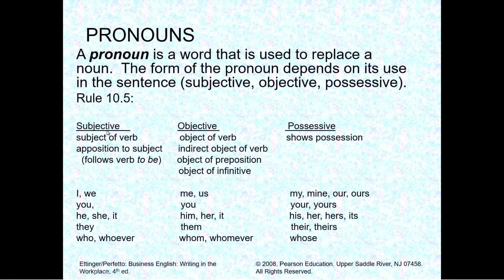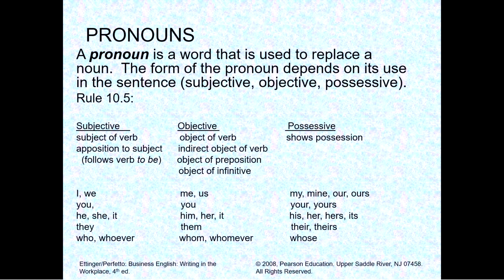So let's go back to subjective. Subjective is always, like it says, the subject of the verb: I, we, you, and so on. Objective: me, us, you, him, her, it. In a sentence, you never say "me am" at the beginning, because that me doesn't fit.